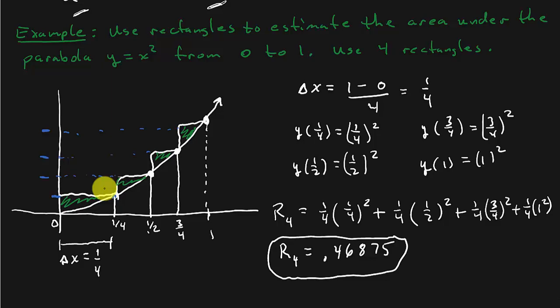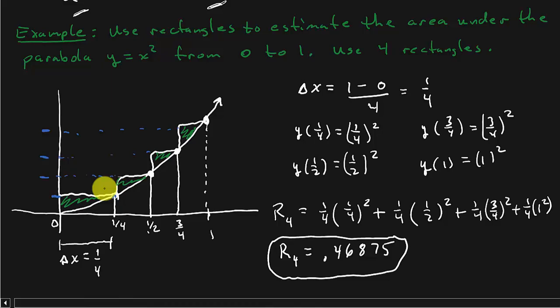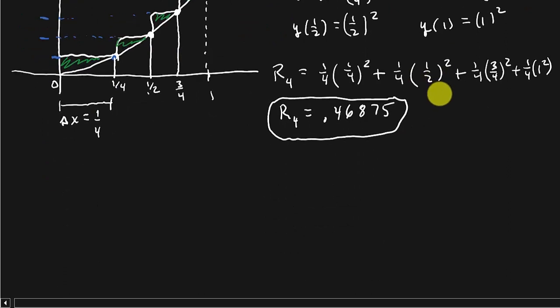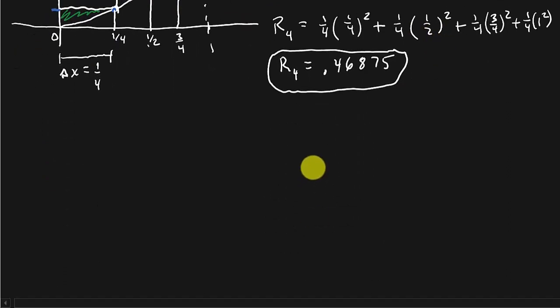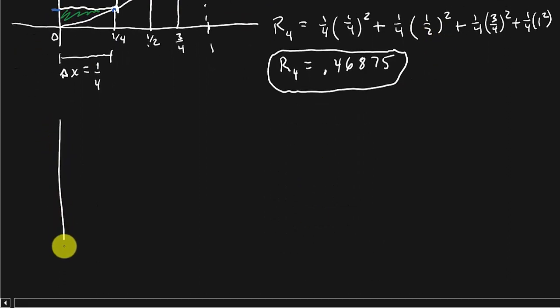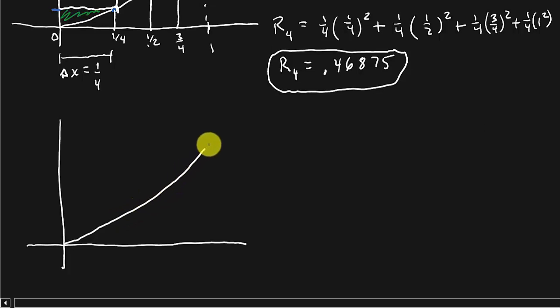All right, now let's do the same thing. Let's find the area again using rectangles, but this time let's use left endpoints. So to do that, let's sketch the graph again. And I'm going to exaggerate again.